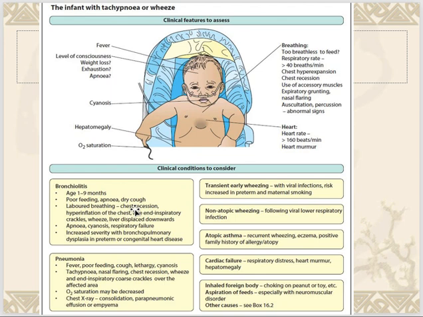Basically, we simply check whether the baby has cyanosis, oxygen saturation is dropping, decreased air entry, use of accessory muscles, expiratory grunting, nasal flaring, and all these things. If they are present, or they cannot feed, it is characterized as a severe condition.